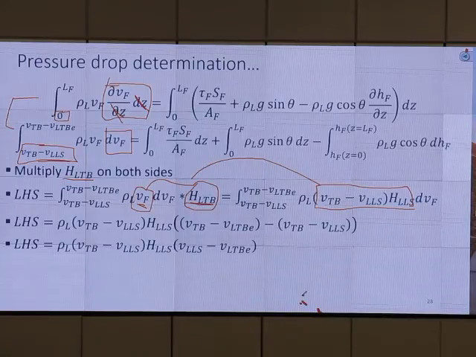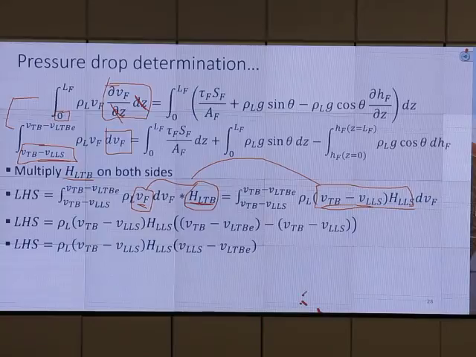You still remember the X equation, Jason? What is the equation for X? VTB minus VS, which is the same as VLS, multiplied by HLS, equals VTB minus VLTB multiplied by HLTB, right? Based on that equation, we have this.